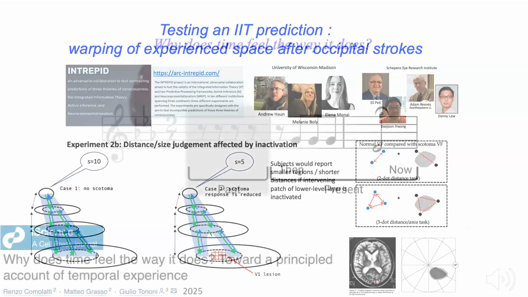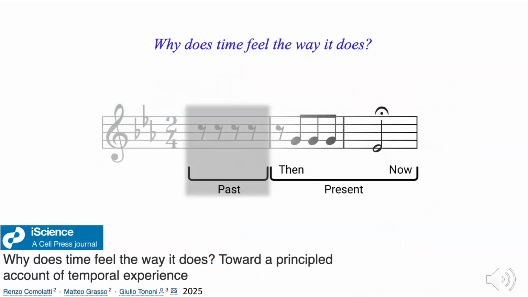And the last thing that I will not talk about in detail: the idea of IIT is that everything that has been done with space so far could potentially work as a template to account for different contents of experience. Of course, time is a second natural candidate, because it is partially introspectable.